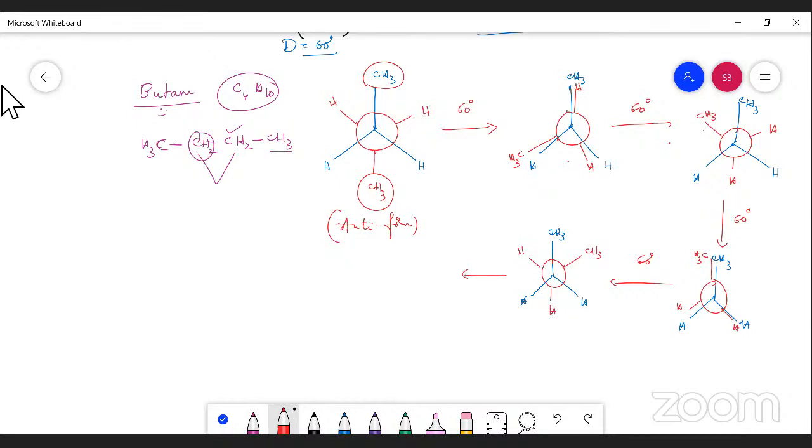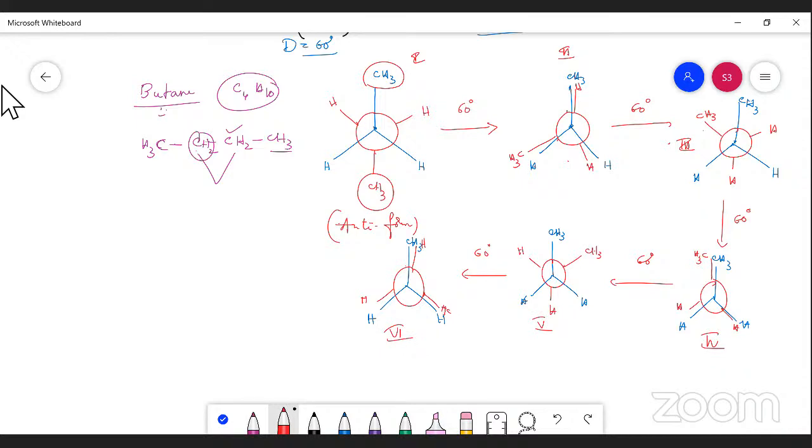And if you rotate this further 60 degrees, finally hydrogen, and this methyl group is again coming back to here: CH3, hydrogen. So likewise, we get different structures. Let us consider this structure 1, structure 2, structure 3, structure 4, structure 5, structure 6. A total of 6 structures are possible.